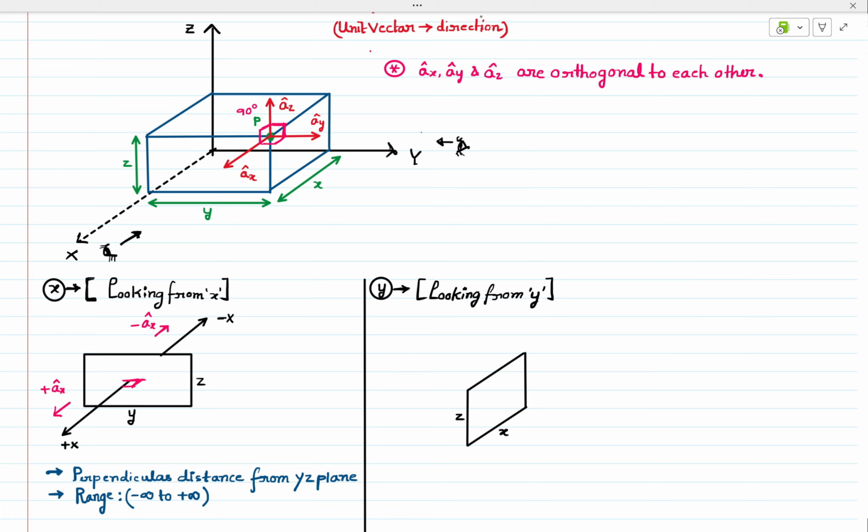Now, what is y? In the xz plane, I'm trying to draw the y, similar to how I have drawn the x.